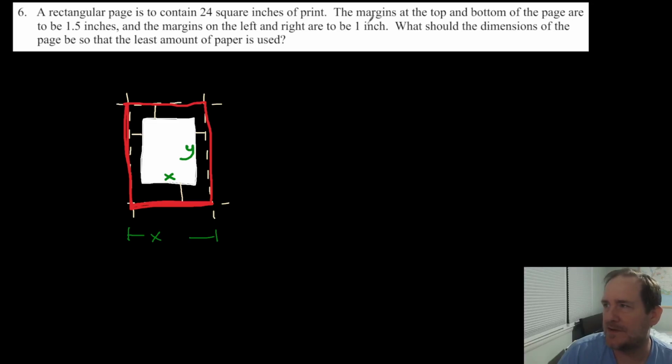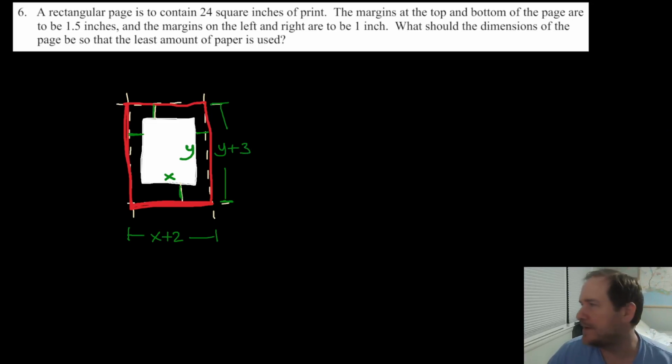let's see, weren't the margins on the left and right 1 inch? So this is 1 inch, this is another inch, so the total width is x plus 2. And then by the same token, the total height of the piece of paper would have to be y plus, now this is not 1, it's 1.5, so it would be y plus 1.5 plus 1.5, aka y plus 3.